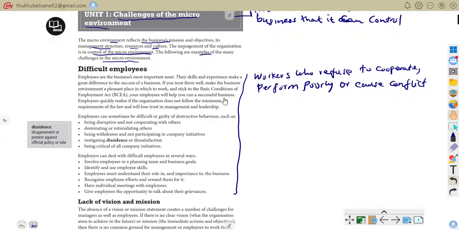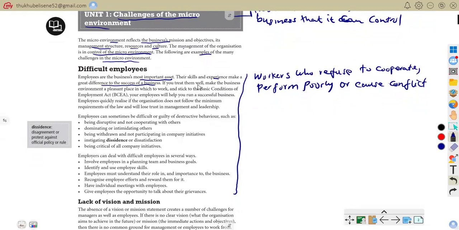Like it says here, employees are the most important asset. Their skills and experience make a great difference to the success of the business. That is true.